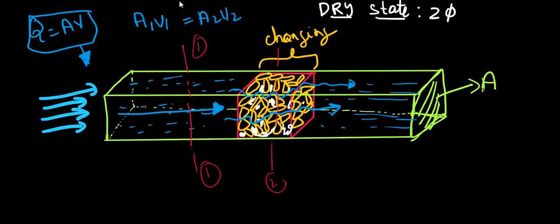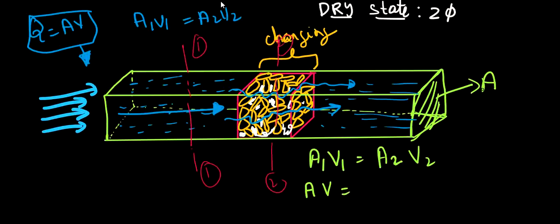Now if I apply the continuity equation, I will have A1, area at section 1, times velocity at section 1, equal to area at section 2 times velocity at section 2. So this area will be nothing but A only, and let's say this V is the discharge velocity.